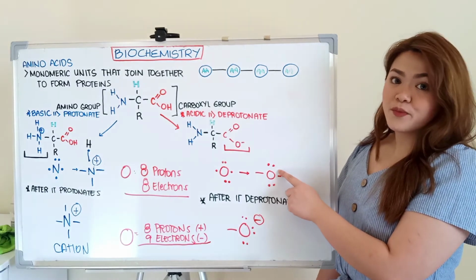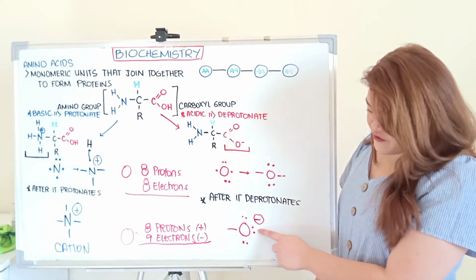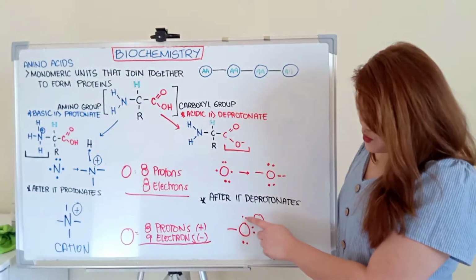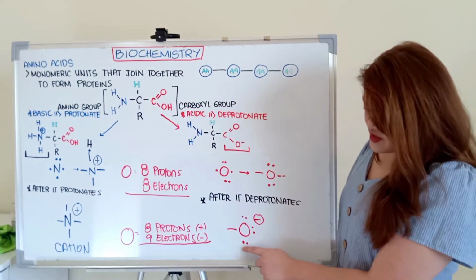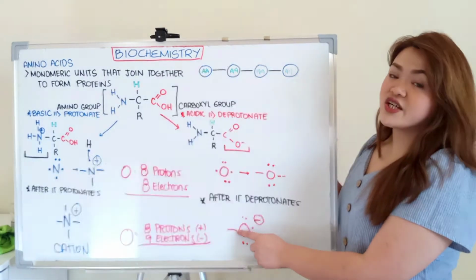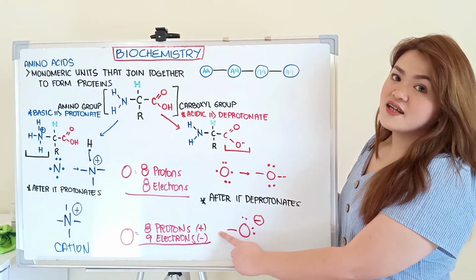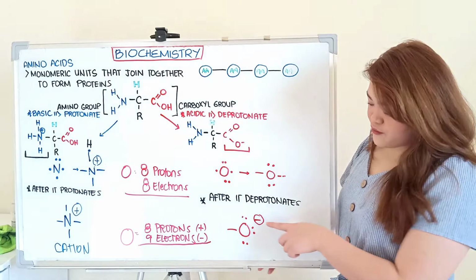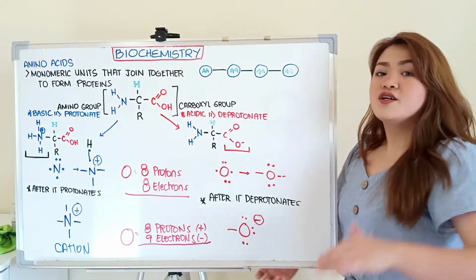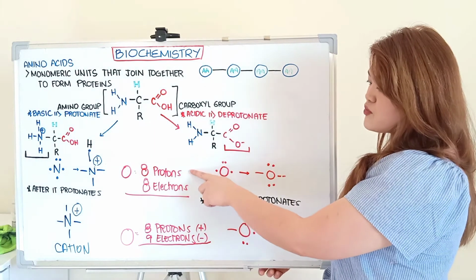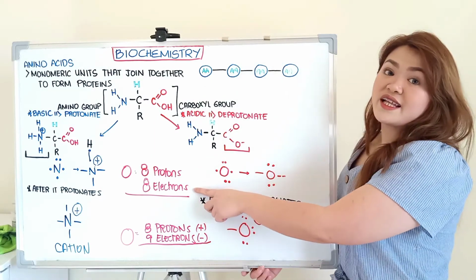So after it deprotonates, magiging 7 na yung electron ni oxygen, wherein we have 1, 2, 3, 4, 5, 6, 7, wherein nakashare yung isa kay carbon, kaya we still satisfy the octet. Ngayon, bakit tayo may negative formal charge? So, oxygen has atomic number of 8, which means we have 8 protons and 8 electrons inside an atom.